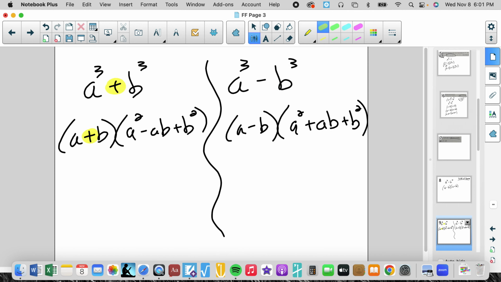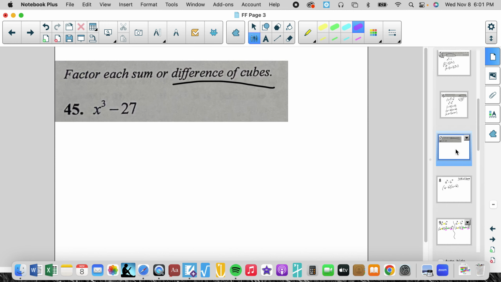That sign is always going to be that sign, and this is always going to be the opposite of that sign. And we'll see it again. This sign will always be this sign, and this sign will always be the opposite of that. And we notice that this is always going to be the same, and those are always going to be the same. So we're going to use that template quite a bit throughout these problems.